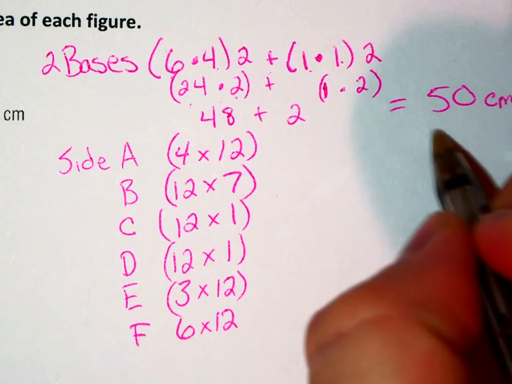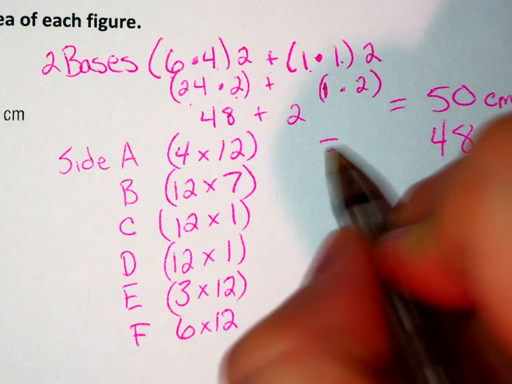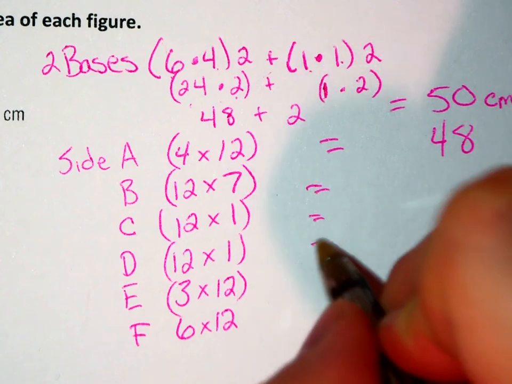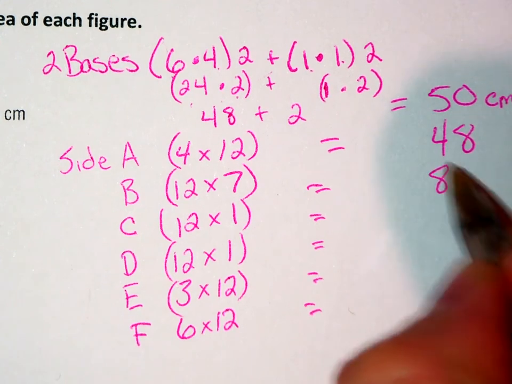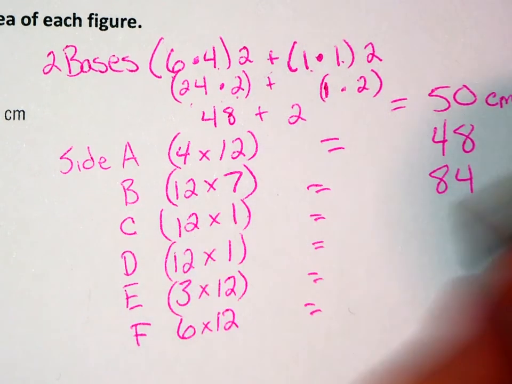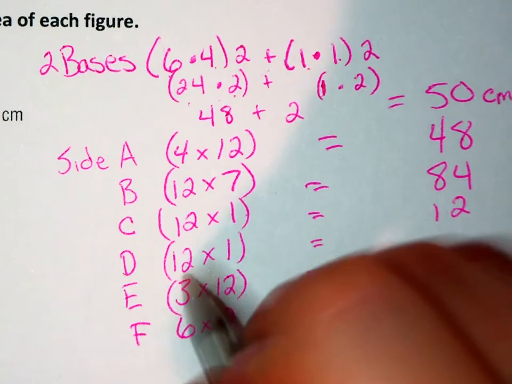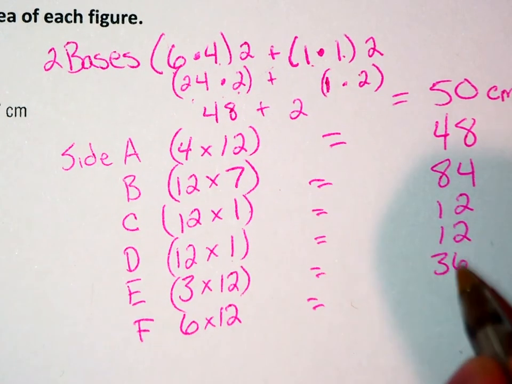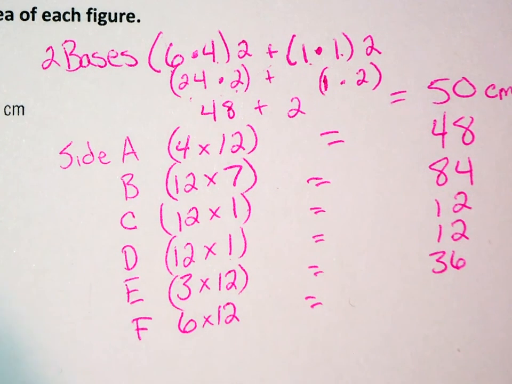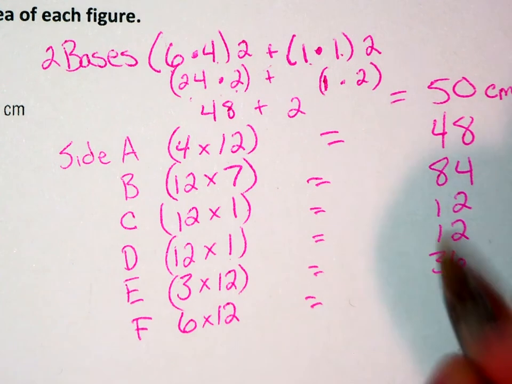12 times 4 is 48. 12 times 7 is 84. 12 times 1 is 12. 12 times 1 is 12. 12 times 3 is 36. And 6 times 12 is 72.